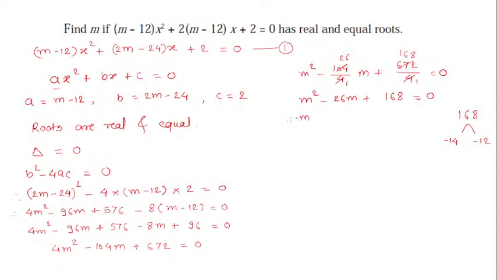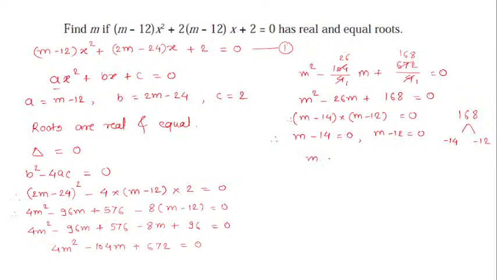So we have m minus 14. We can directly write these factors as (m minus 14) and (m minus 12), as the coefficient of m square is 1, that is equal to 0. So as the product of these two is equal to 0, that means any one of them must be 0. Either m minus 14 is equal to 0 or m minus 12 is equal to 0.